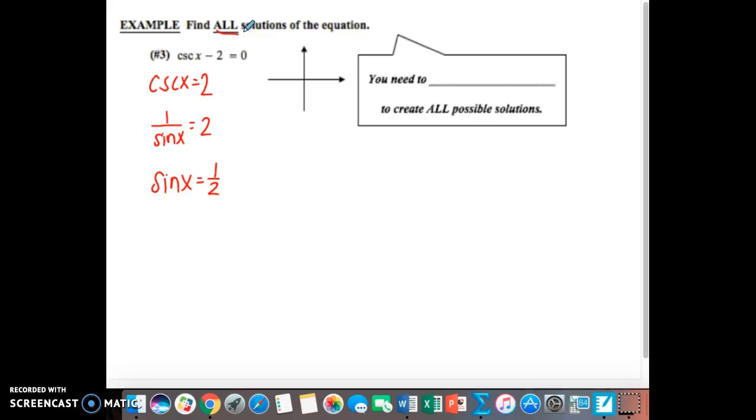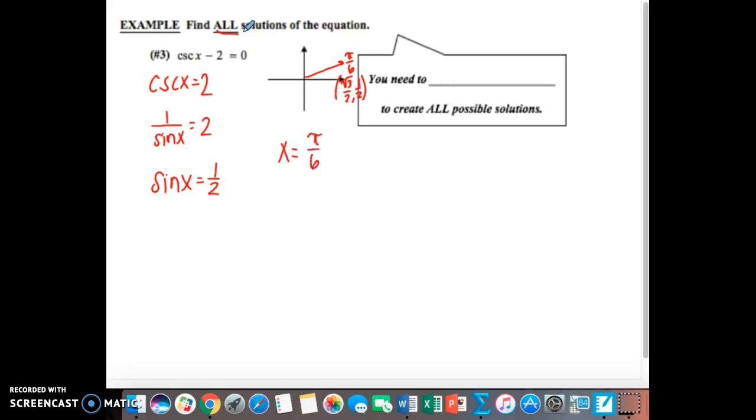So now, thinking of the unit circle, we know that at pi over 6, or 30 degrees, we have a terminal point of square root of 3 over 2, 1/2. So at pi over 6, we have a sine value of 1/2.